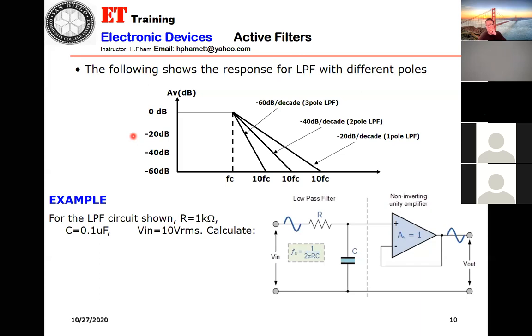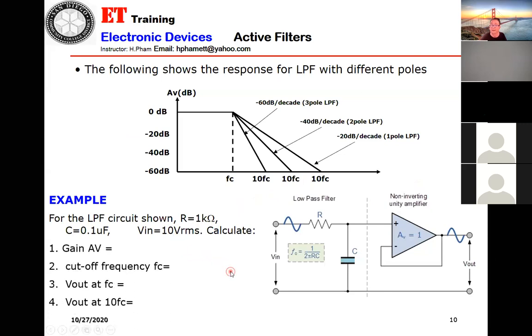So what's the voltage out at the cutoff? Depending on which one. On this example, number 4, V out at 10 FC, equal to 1 volt.